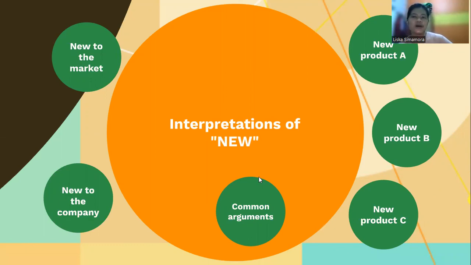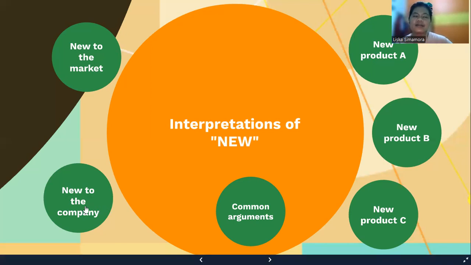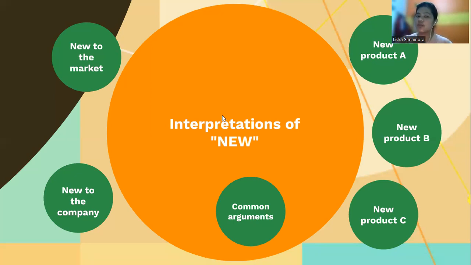I don't know why people have to argue about the definition of the product itself, but we will see what is inside. And what is the definition of new product? A product is called new to the market and is called new to the company. So there are so many perceptions we are going to learn today.